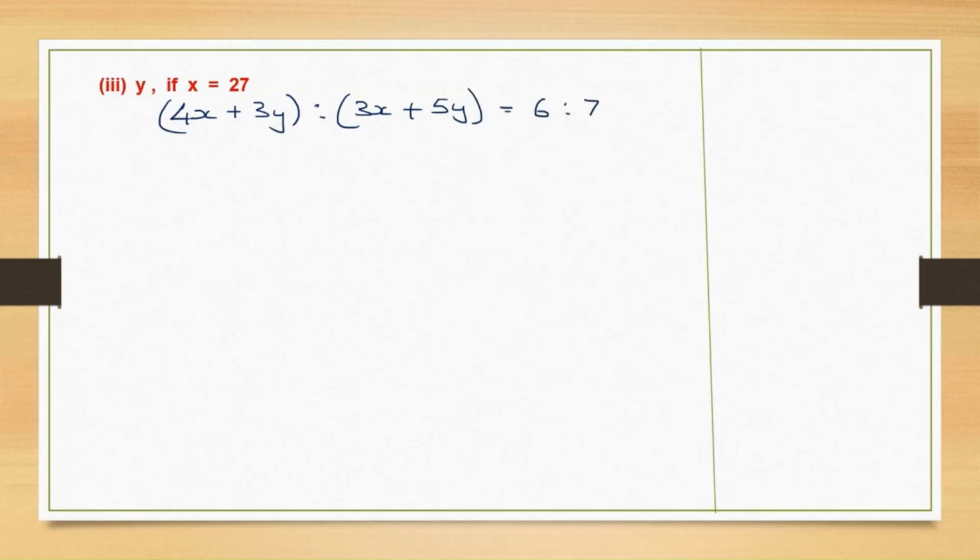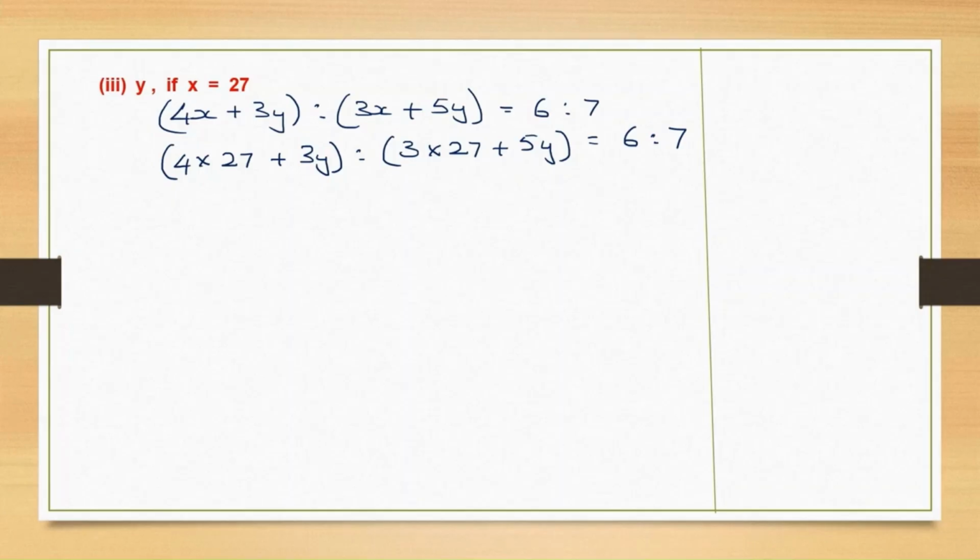Now here we are going to substitute for x. Wherever you see x, you have to put 27 because it's given to us in the question. So this is 4 into 27, plus 3y is to 3 into 27 plus 5y is equal to 6 is to 7.